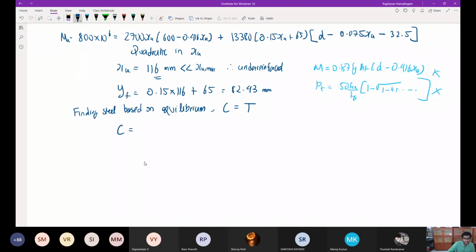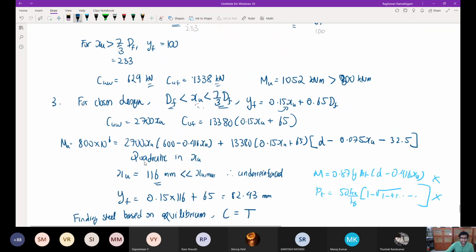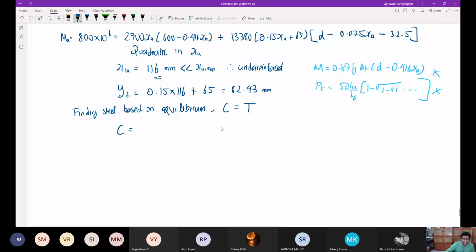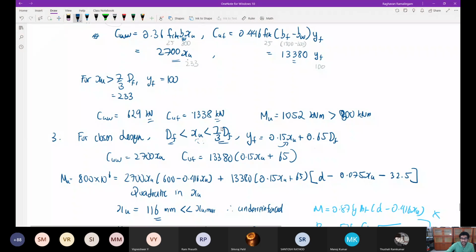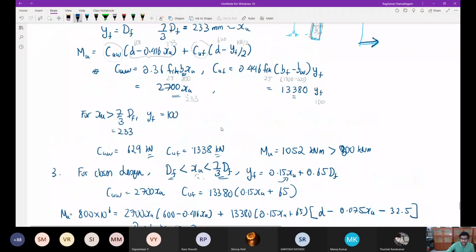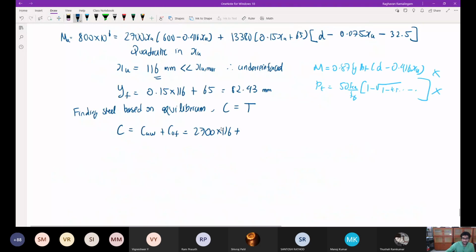Okay, so C we know, we can just calculate C. Cu is nothing but CUW plus CUF, which is 2700 times. Just keep doing it as I do it because we are almost out of time. And 13380 into DF.